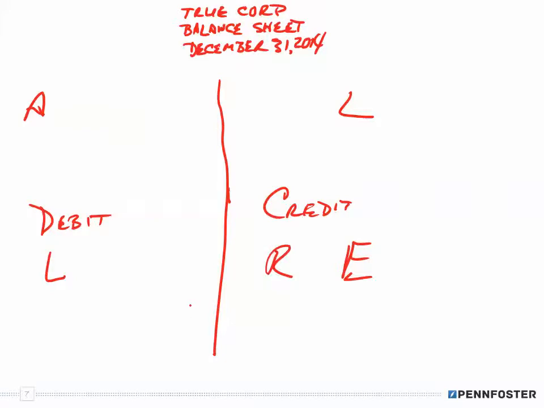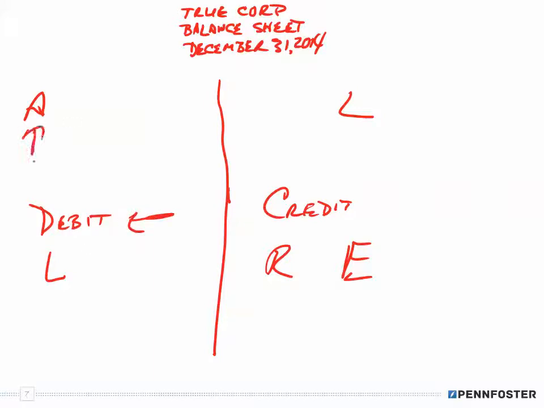Okay, so as a quick mnemonic, a way of being able to think about it, when you sit and you say, okay, what kind of account is this? Well, cash is an asset. Okay, well, how do I know whether I should debit or credit it? Well, if my cash is increasing, I'm going to debit it, because why?